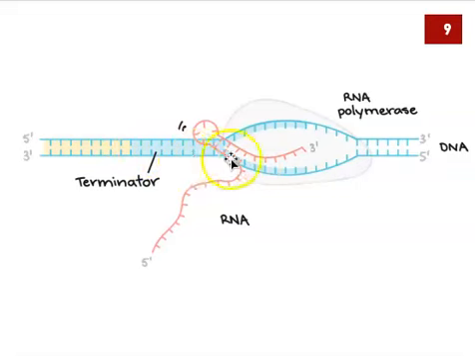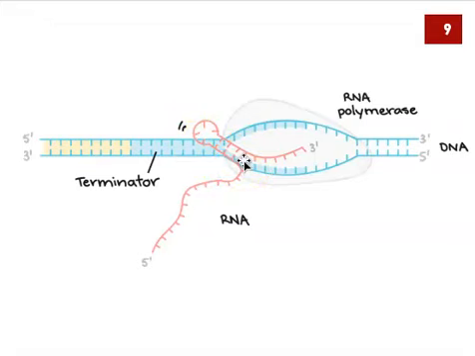The termination sequence, or what they have labeled here as the terminator, is a short sequence of DNA that is in a particular order of bases that allows the RNA to be complementary to itself in that region. So as soon as that RNA gets made, it's going to be attracted to itself, and it's going to fold and complementary bind to itself.